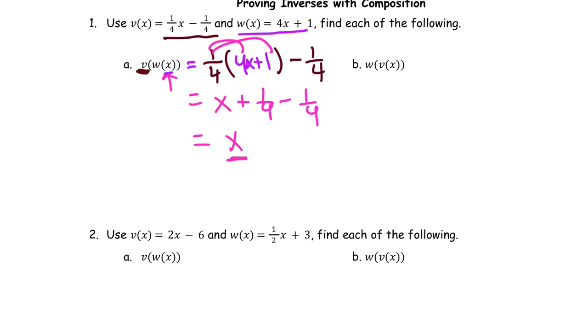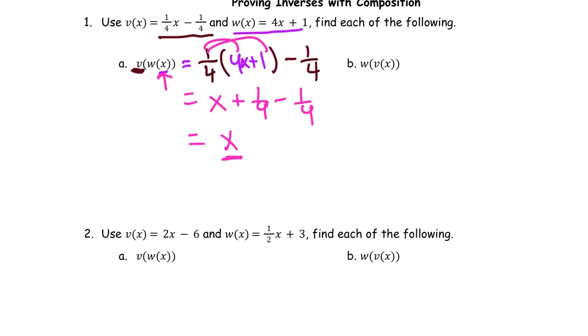So you'll notice B is done the other way. B has got W of V of X. So now W is my outie. So I'm going to write 4 parentheses plus 1. And now I'm going to put V on the inside this time. So I got 1/4 X minus 1/4.